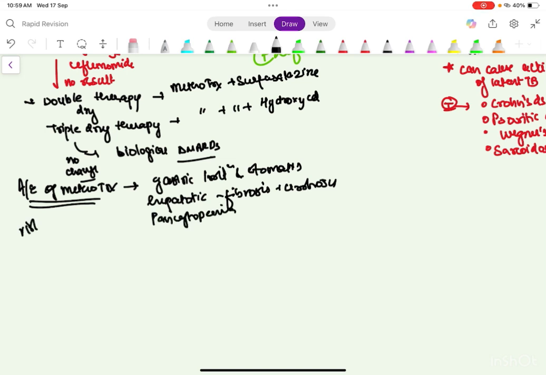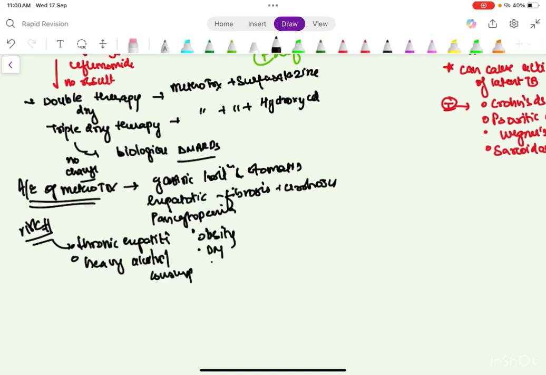Then there are certain risk factors for methotrexate complications: either the person has a liver disease like chronic hepatitis, or heavy alcohol consumption, obesity, diabetes mellitus, or kidney disease.